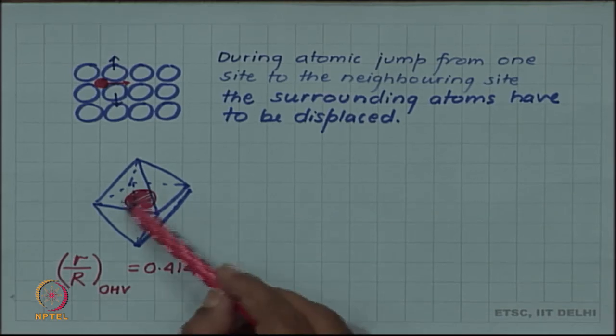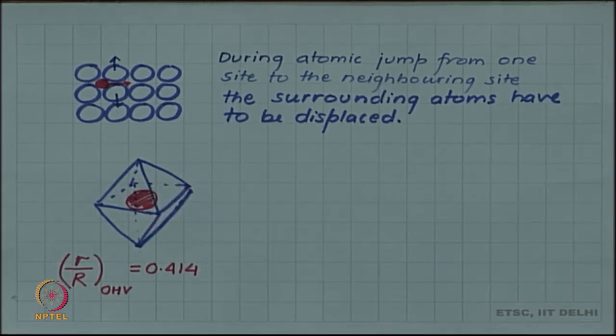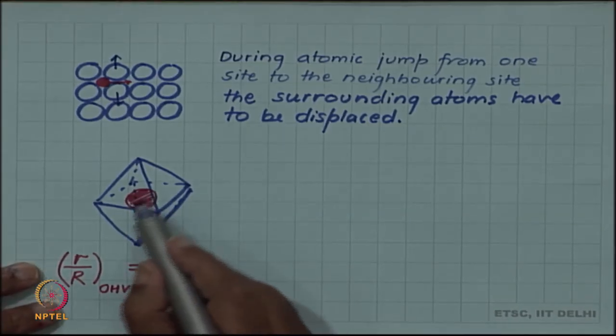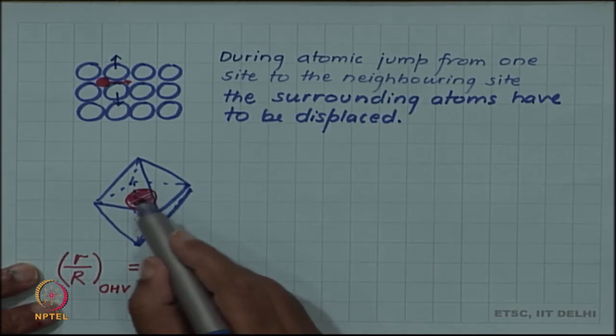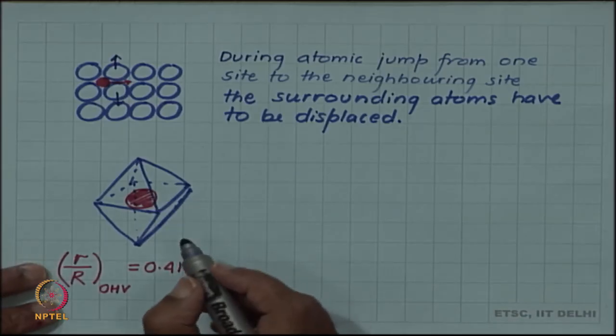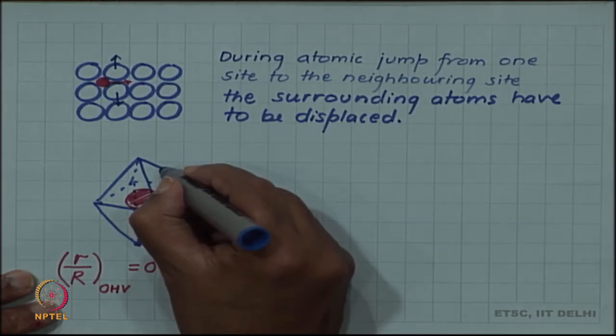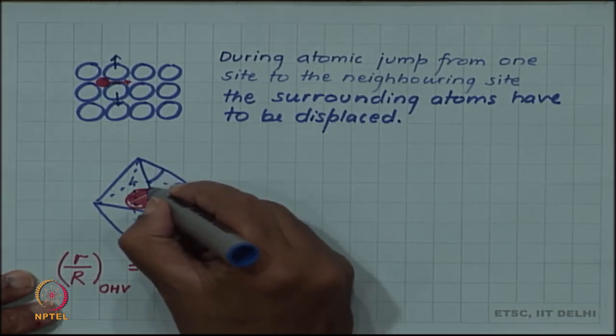So, an interstitial atom of about 40% size of the host atoms can fit into this octahedral void, but then the host atoms are sitting at the corner sites.